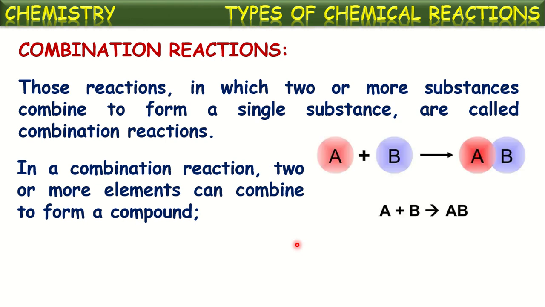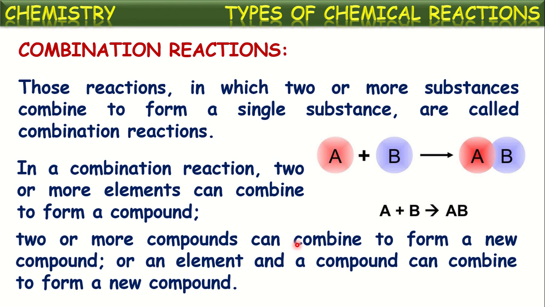So in a combination reaction, two or more elements may combine to form a single compound, or two or more compounds may combine to form a new compound, and even in certain chemical reactions an element and a compound can combine to form a new compound. So with different combinations, these combination reactions may occur.